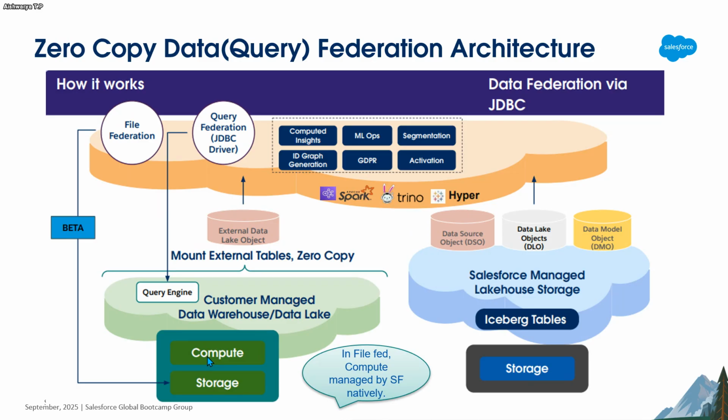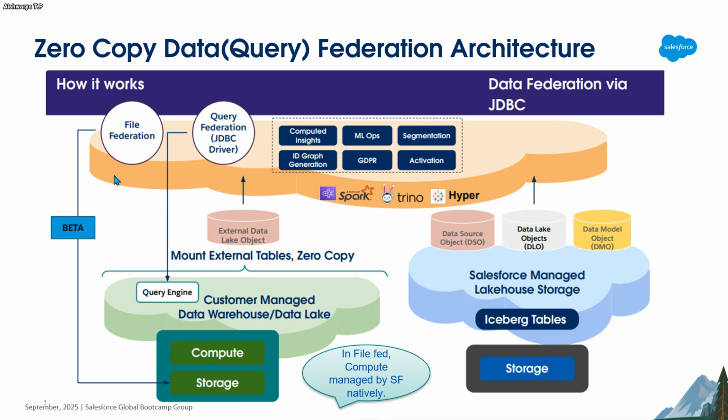Without file federation, if you are just going with query federation, then the computing happens in your source system, your customer managed system, and you bring the result into Data Cloud and then store it in the Salesforce managed lakehouse. But with file federation, the compute is going to happen in Salesforce, not in your customer managed data warehouse. That is the slight difference in the flow related to file federation.